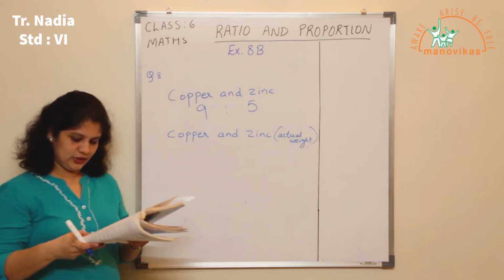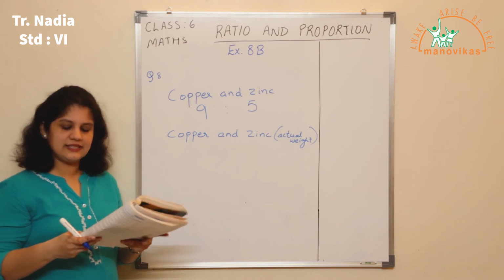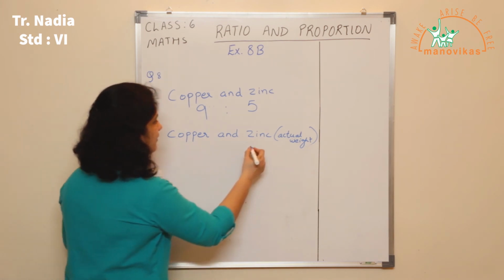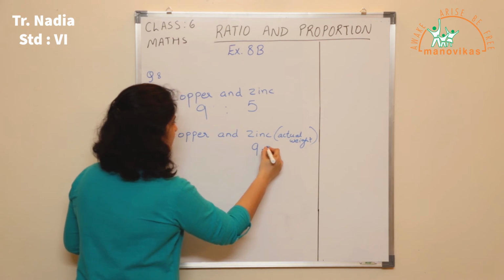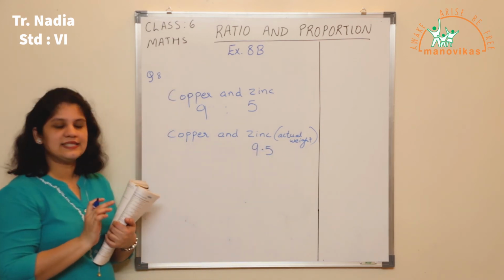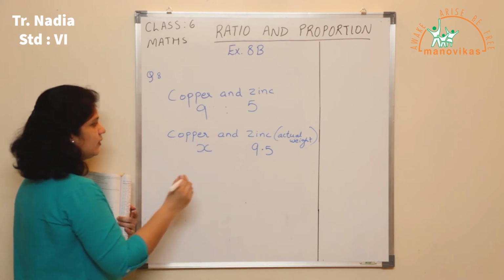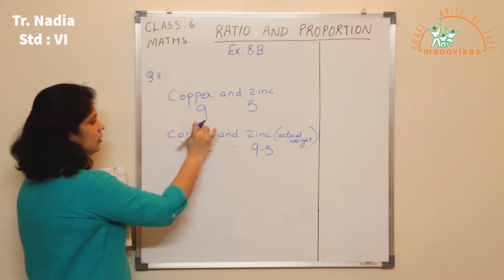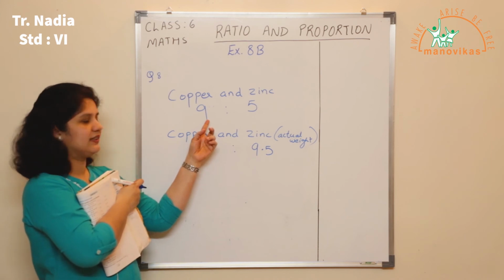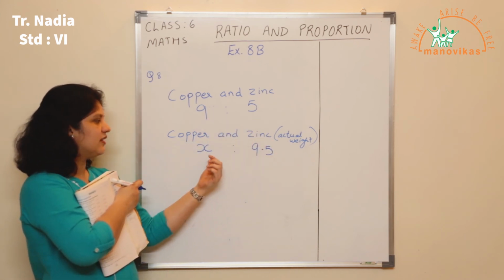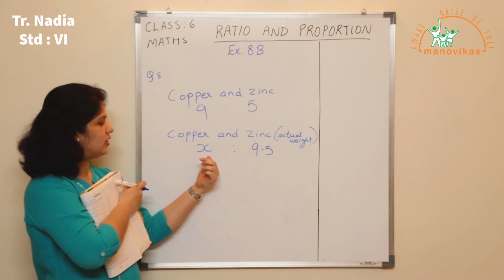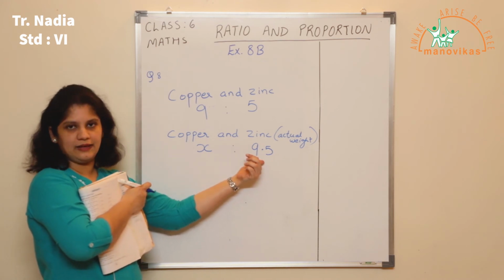Let's see what is given to us. The weight of zinc is given as 9.5 grams, but the weight of copper is unknown. So we will keep the unknown weight as x. Actually in the ratio form, they are in the ratio 9:5. The weight of copper is unknown, so let it be x. Zinc is 9.5.